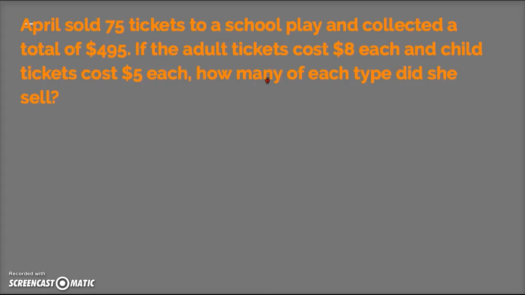So this example is very similar to the one we just did with the admission fee into the fair. So I want you to pause the video for a second and see if you can get the 2 equations written down, and then you can play it again and I will go through it and you can check yourself to see if you have the right equations.